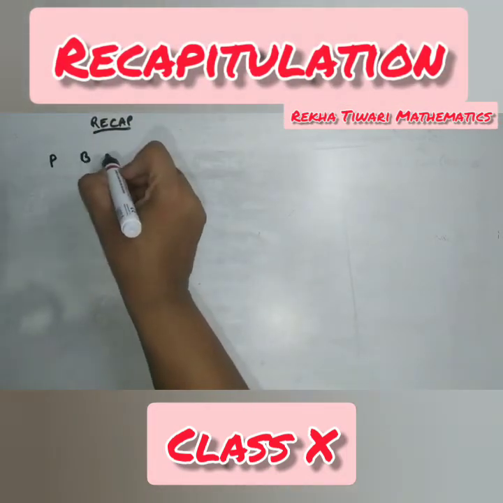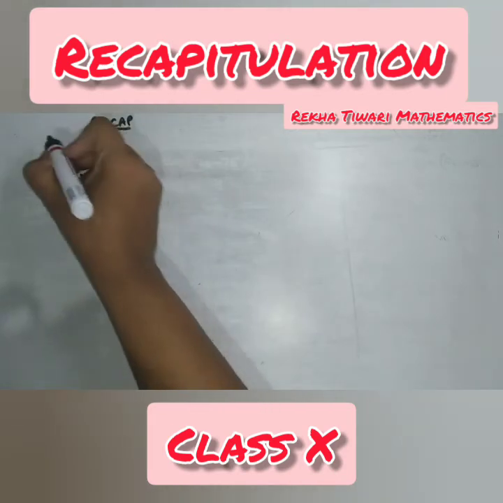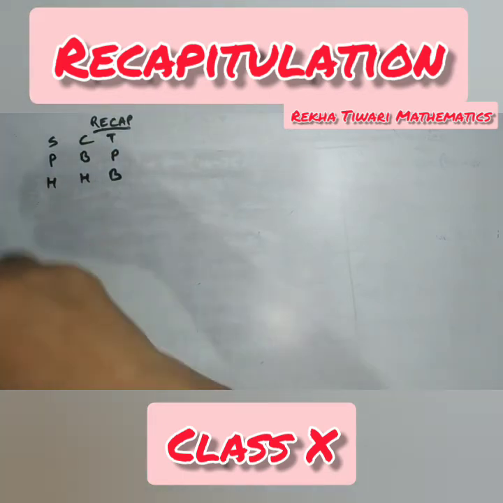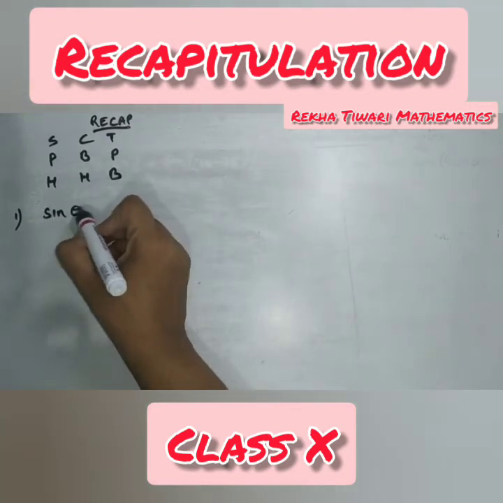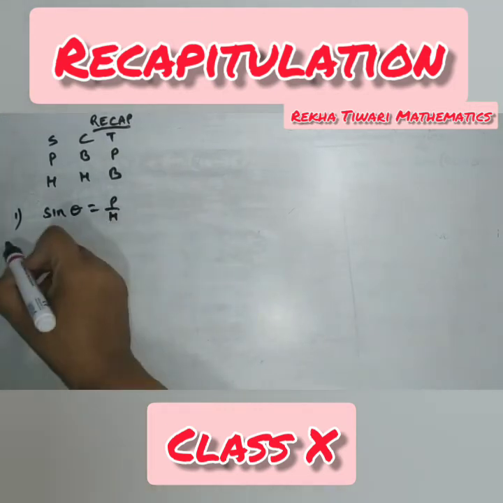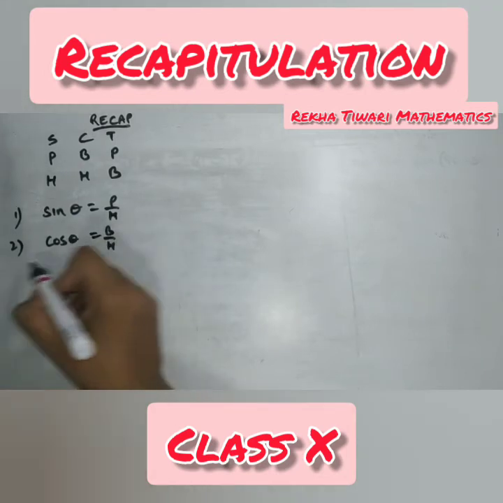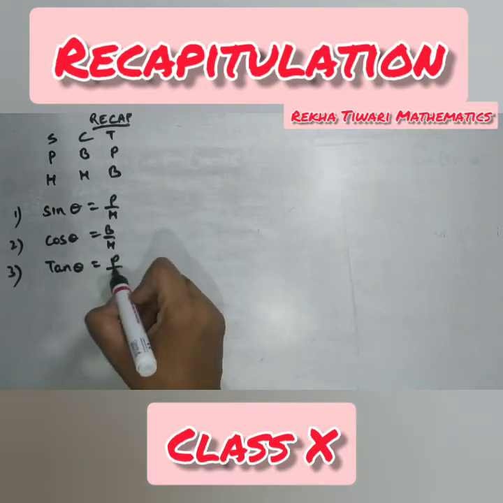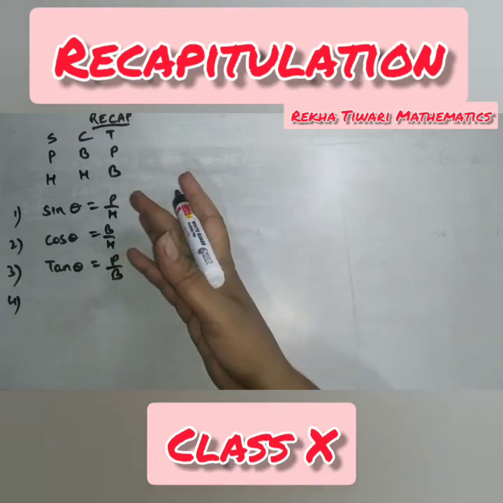Pandit Badri Prasad Har Har Bole Sona Chandi Tole. So we have written the ratios, that is sin theta is what? Sin theta is P by H. Secondly, we have written cos theta, which is B by H. Then tan theta, which is P by B. And then other three ratios, which are the reciprocal of the above ratios.